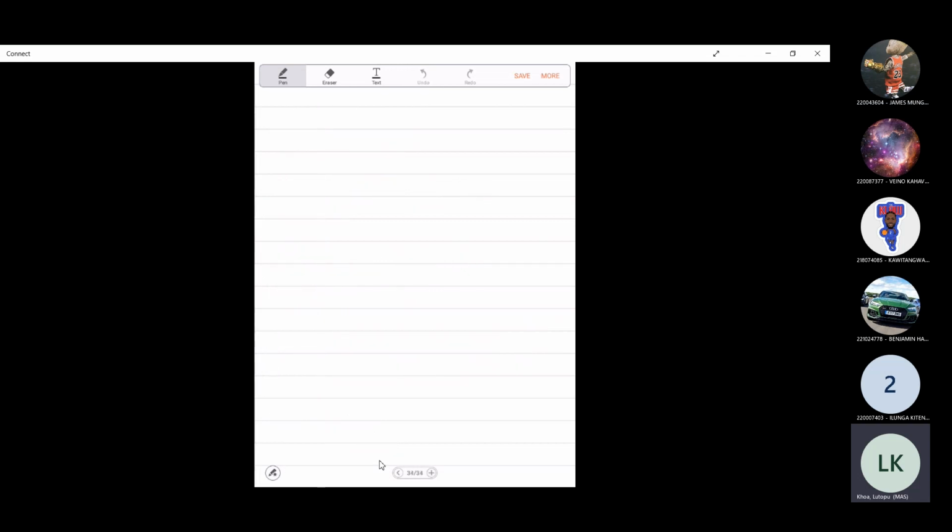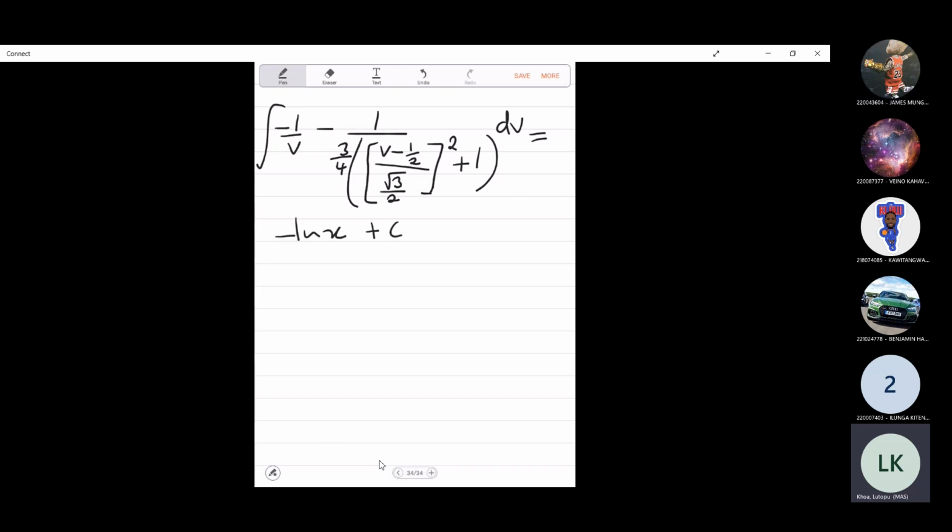Okay, so what we will be integrating is minus 1 over v minus 1 over 3 over 4 times v minus a half over the square root of 3 over 2, squared, plus 1, dv, and then this should be equal to minus ln of x plus c.